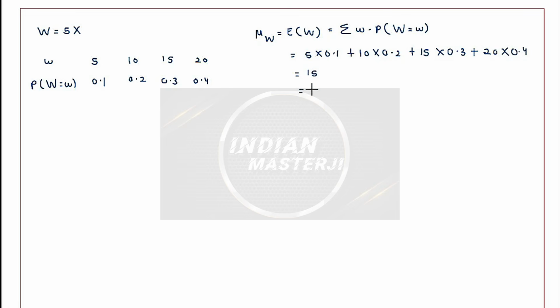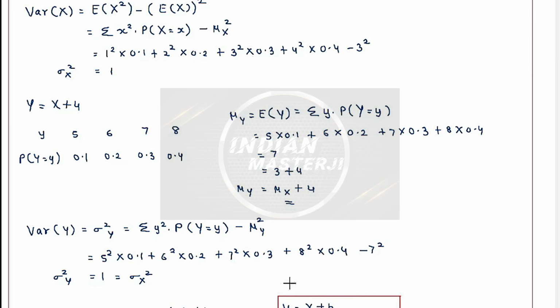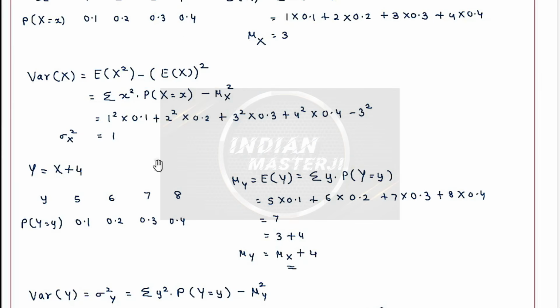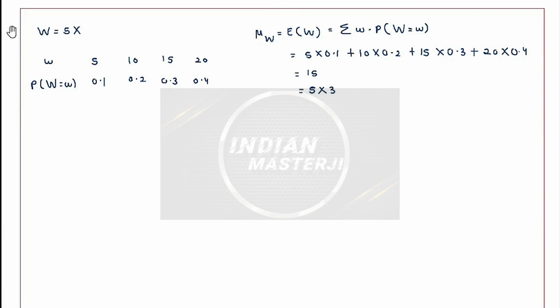Can I write this as 5 into 3? But 3 was the mean of x, or the expectance of x. So can I say that expectance of w is 5 times the expectance of x, or E of w is 5 times E of x?